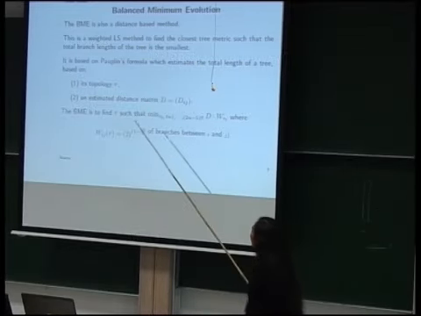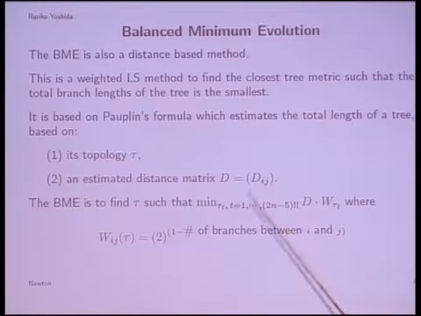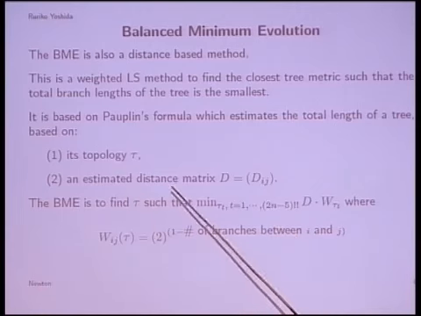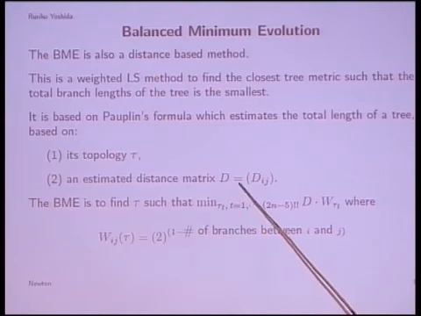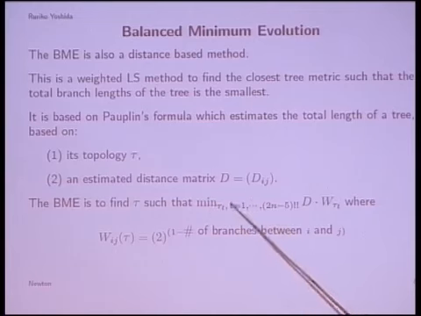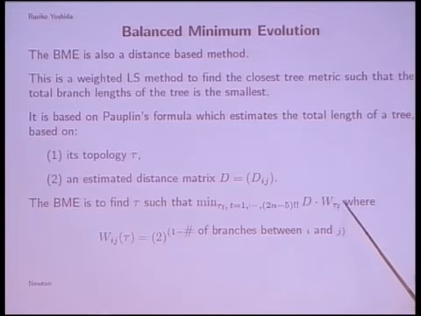And using the Pauplin formula, based on its tree topology and estimated distance matrix D, that is D_ij, BME is to find tau such that it minimizes over all possible tree topologies D times W tau, and W_ij tau is given by this. So that's Pauplin's formula.